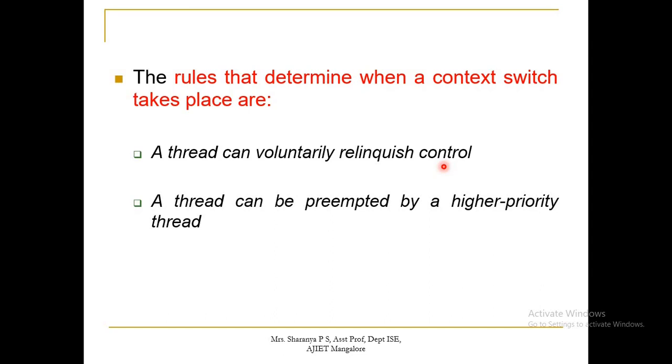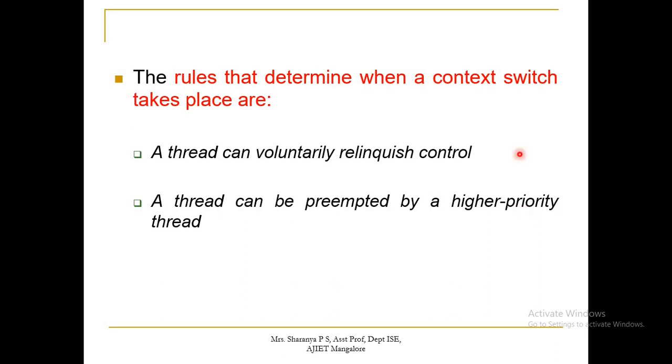One more case is that a thread can be preempted by higher priority threads. In this case, a lower priority thread that does not yield the processor is simply preempted, no matter what it is doing. When a higher priority thread wants to run, it does.